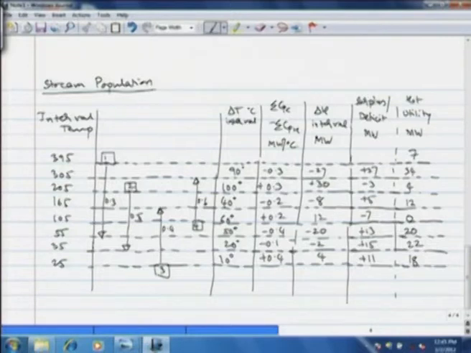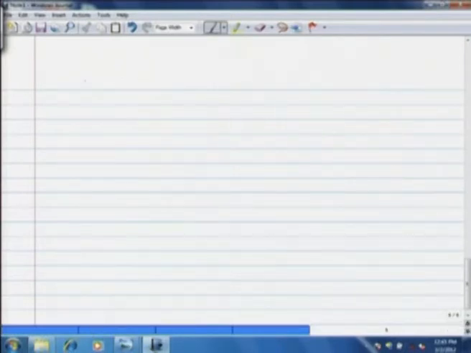Okay. Therefore we see that we are left with 18 megawatt of heat finally, which we have to remove with cold utility.